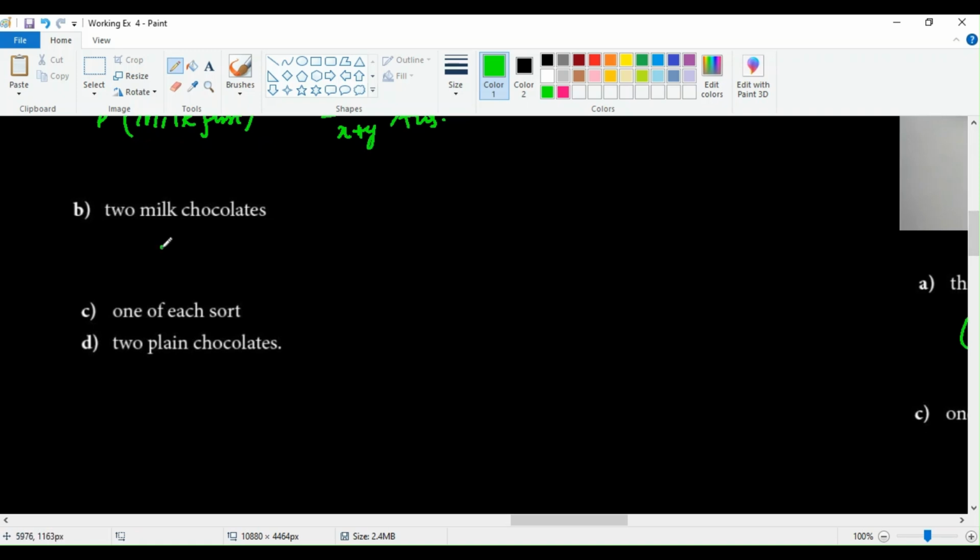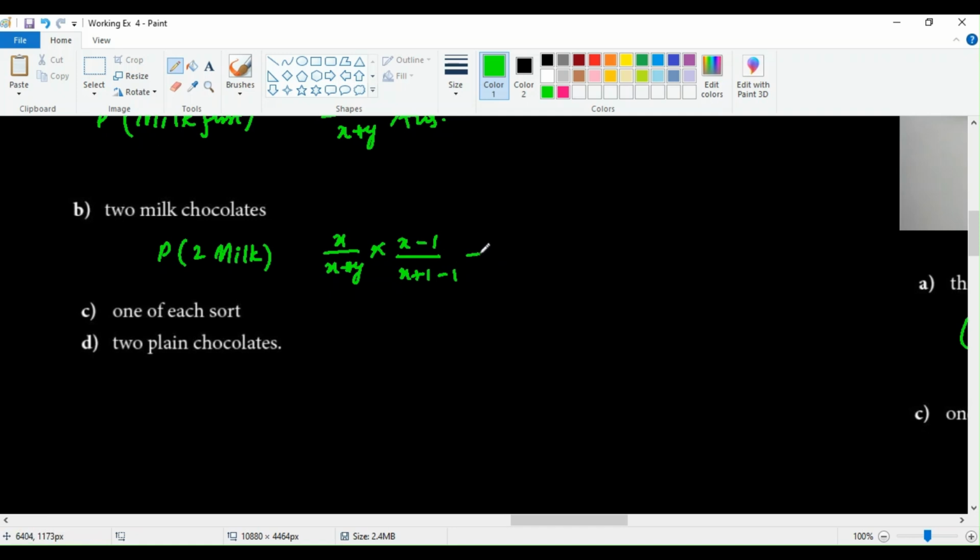Then comes 2 milk chocolates. So it's going to be probability of 2 milk chocolates. In here, it's going to be x over x plus y multiplied by x minus 1 over x plus y minus 1.